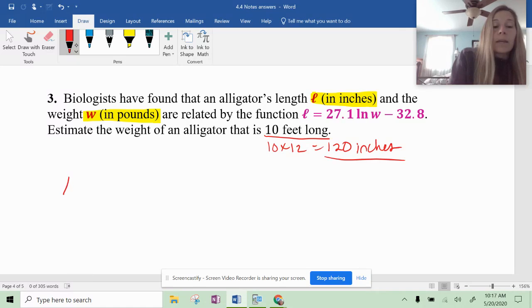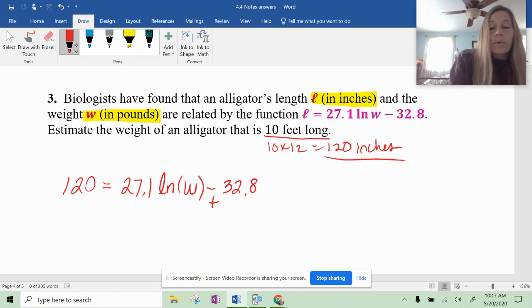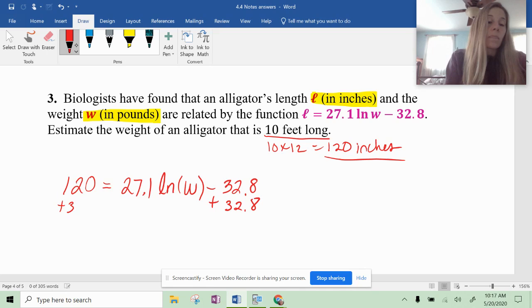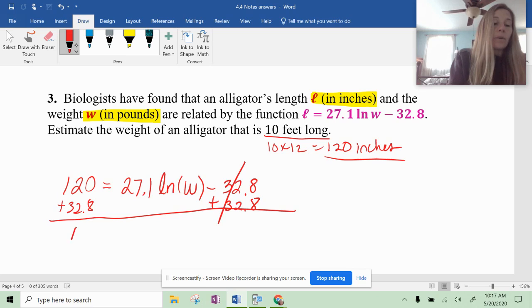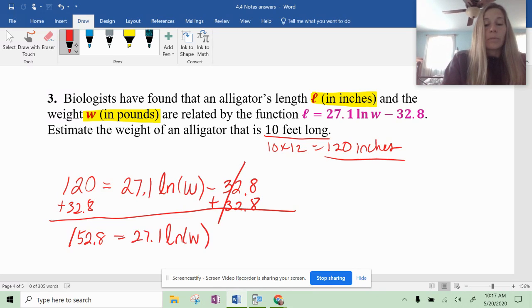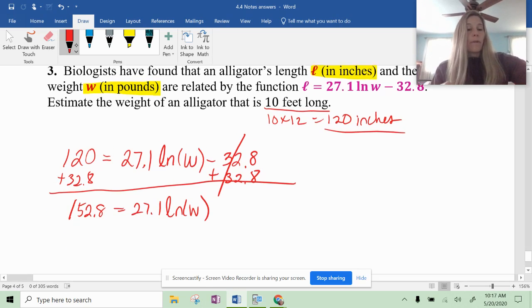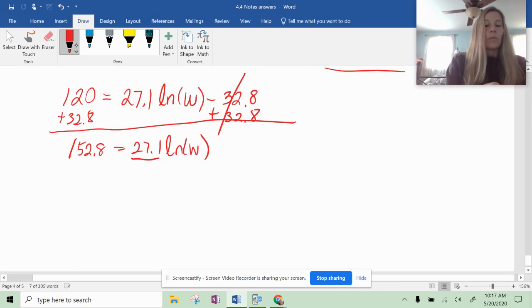So we're going to plug that in, but the 120 is going to go in for the L because that's the length. And then we're going to get this W by itself. So the first thing we want to do is add this 32.8. So that's going to give us 152.8 equals 27.1 ln W. And now I'm going to divide that by the 27.1.